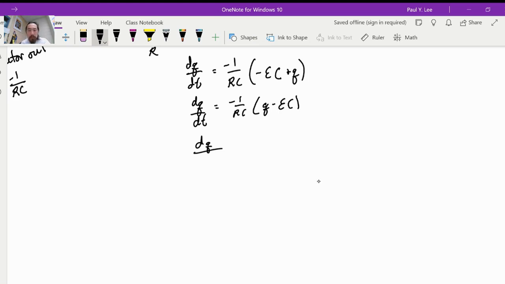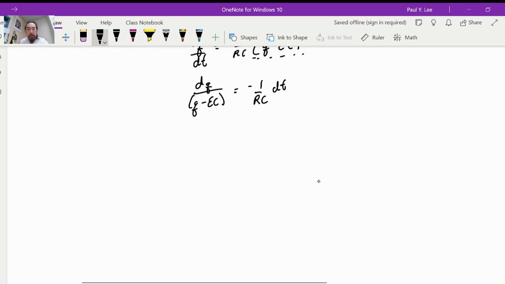So I'm going to divide both sides by this parentheses factor. We get dq over q minus epsilon C is equal to negative 1 over RC times dt. You can even write this as negative dt over RC, but I'm going to leave it like that because that's going to make my integral a little bit easier.